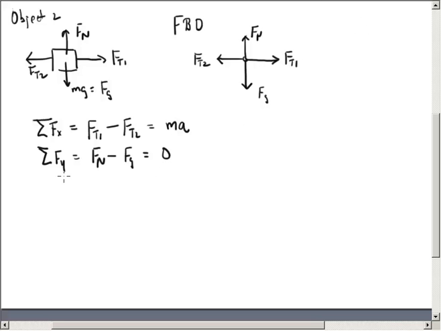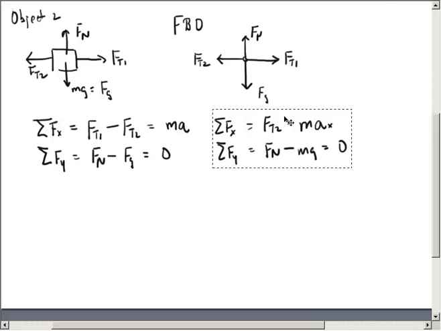Now we have an equation for object 1, an equation for object 2, both connecting the accelerations. Recall from object 1 we had this set of equations on the right. Object 2 we have this set of equations. So let's make sure we have it labeled appropriately.